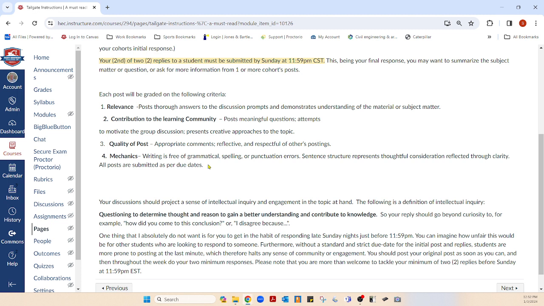A sentence ends in a period, and you put commas in where you need them. Writing is free of grammatical, spelling, or punctuation errors, period. Sentence structure represents thoughtful consideration reflected through clarity.